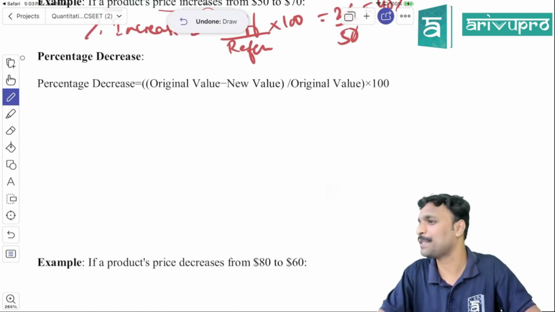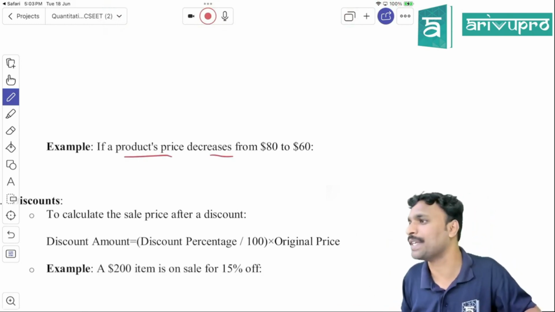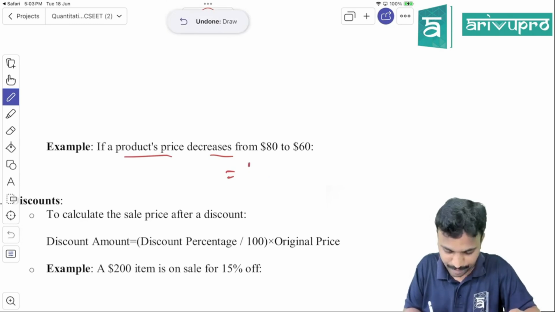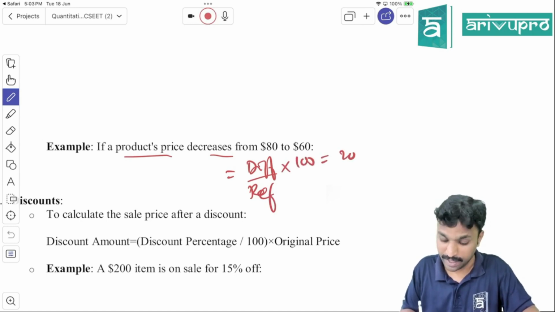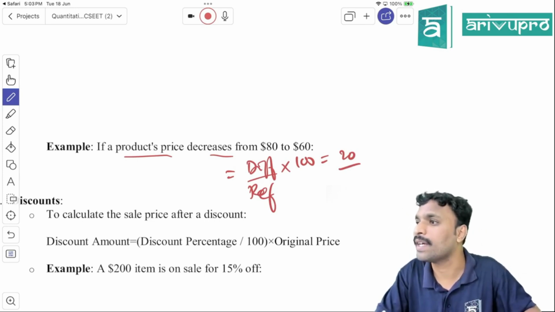Next, percentage decrease problem. Product's price decreases from 80 to 60. Here, difference by reference into 100. Now tell me, what is the difference? 20. Reference, 80 or 60? Reference is what?